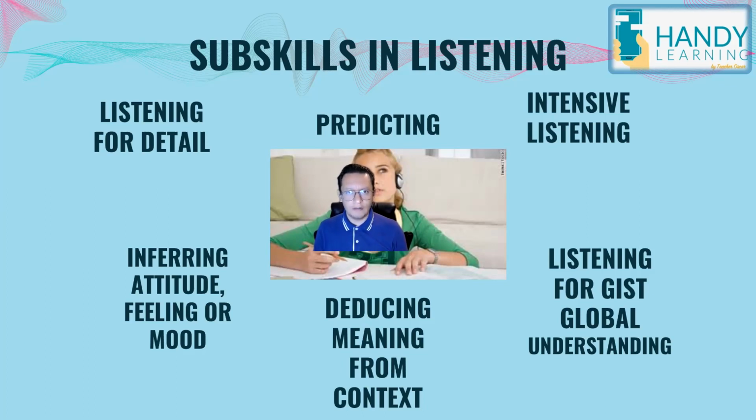How do you know if our student is doing that? Well, if you have a question in the listening comprehension part where it says, can you say where the speakers are having a conversation? You're deducing the meaning from context, or you're inferring, because maybe in the conversation, the two speakers are talking about books and how to select one. So they might be at a library, or they might be at a bookshop. You are deducing, you are inferring, right?